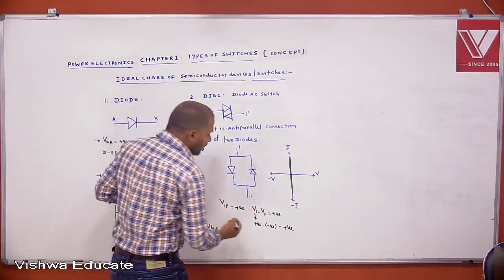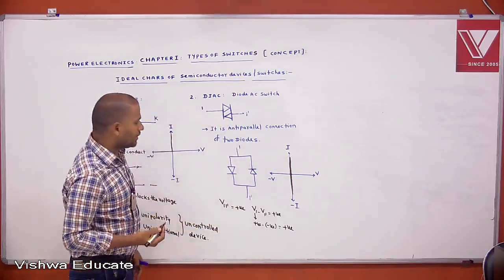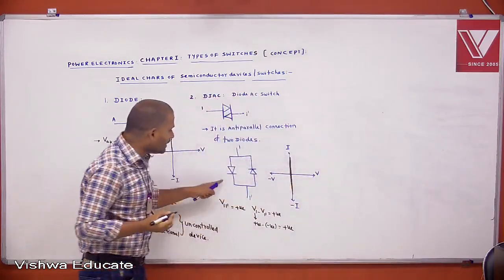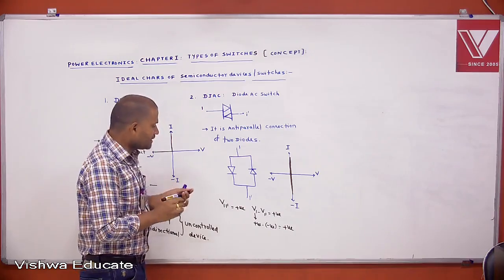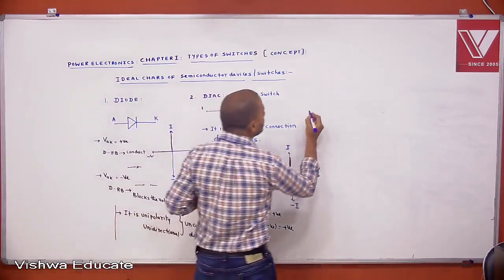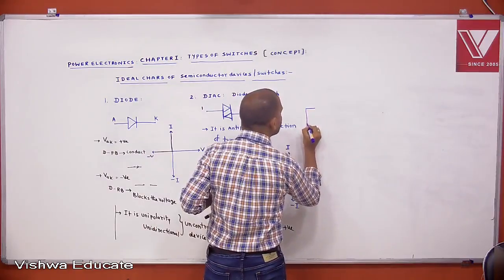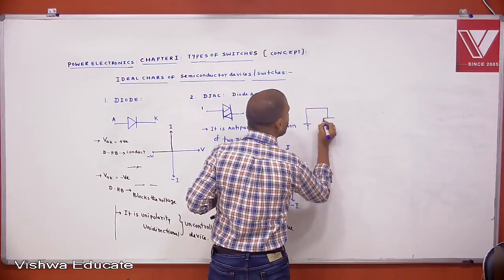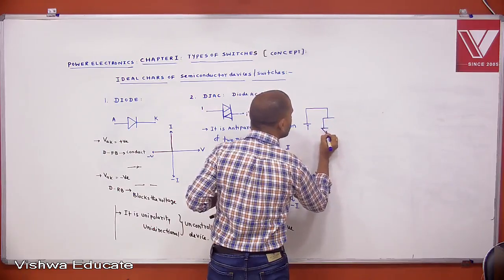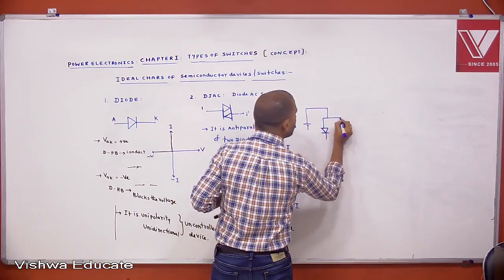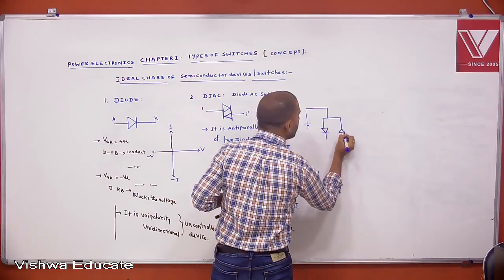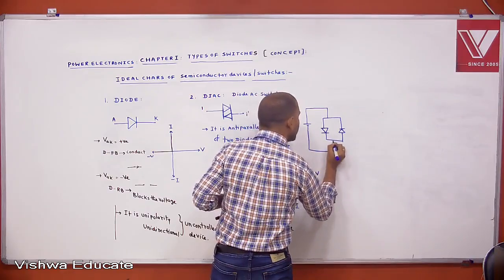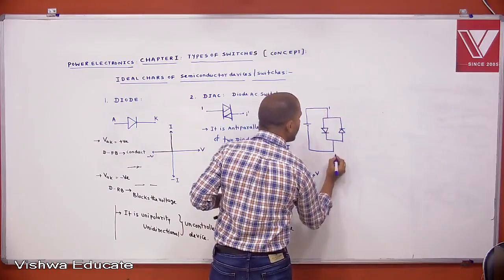So you connect like this: 1 is connected to the positive plate, and 1 dash is connected to the negative plate. Then only it is positive. V11 dash is positive.